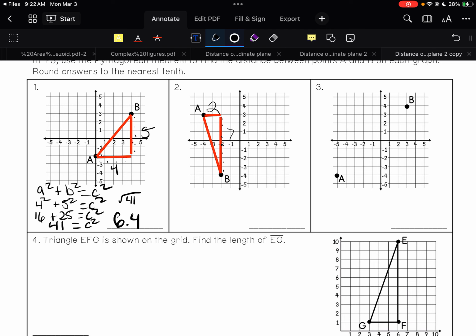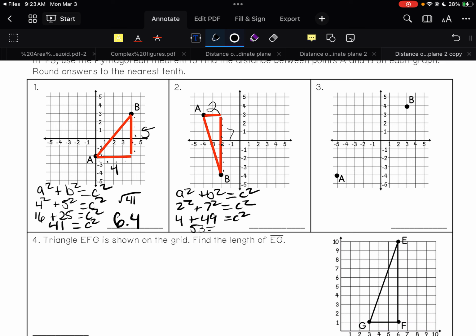So we get a squared plus b squared is equal to c squared. 2 squared plus 7 squared is equal to c squared. 4 plus 49 is equal to c squared. 4 plus 49 is equal to 53.